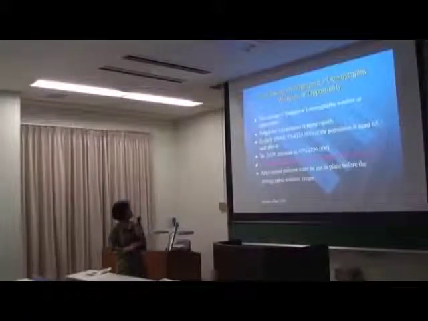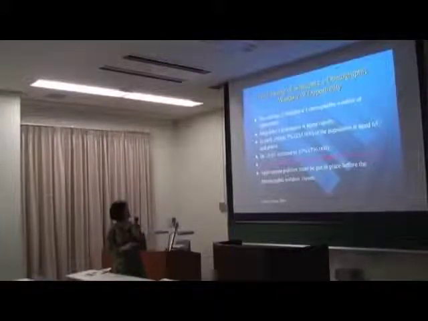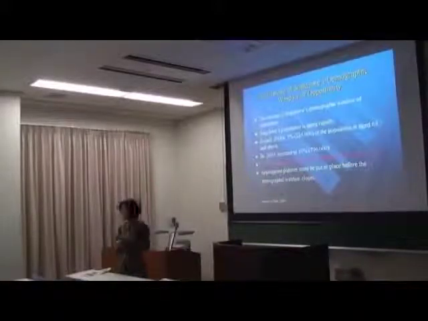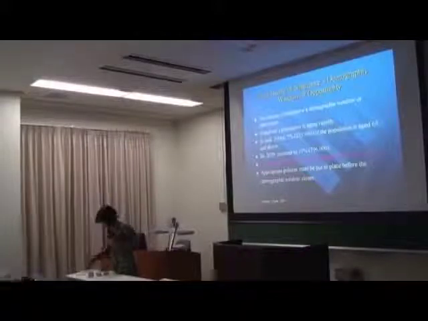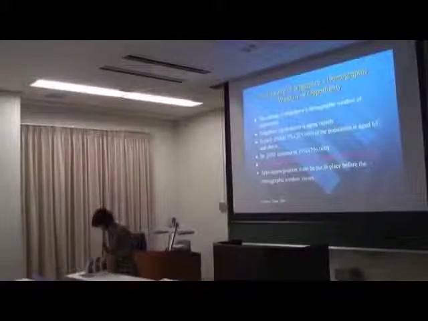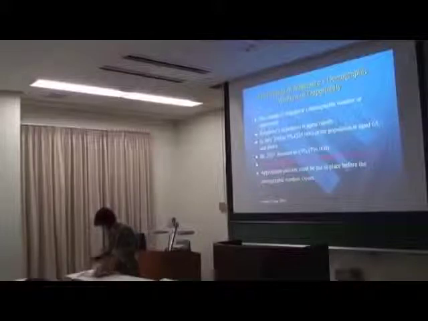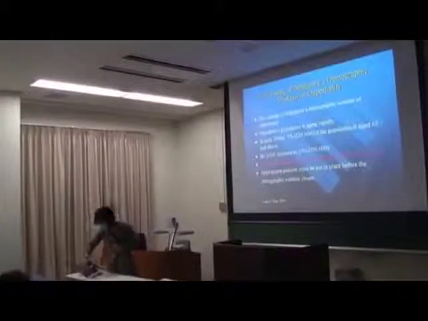Okay? So they said they need appropriate policies before the demographic window closes. If you take a look at the previous slide that shows the demographic dividend in Singapore, the slides on page 3, right?